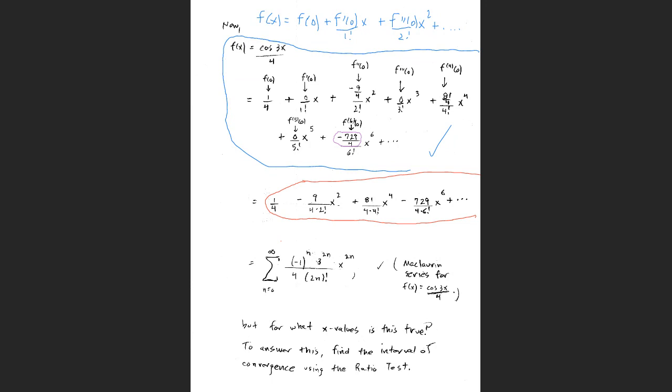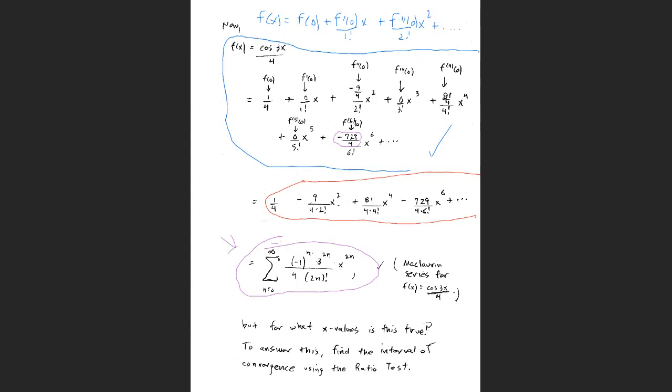So a lot of times in WebAssign, they'll have a multiple choice where they say, hey, find the Maclaurin series for this function. Sometimes you'll have to actually type in the formula, but many times they will give you like 5 choices, and you have to pick the right choice of the 5.